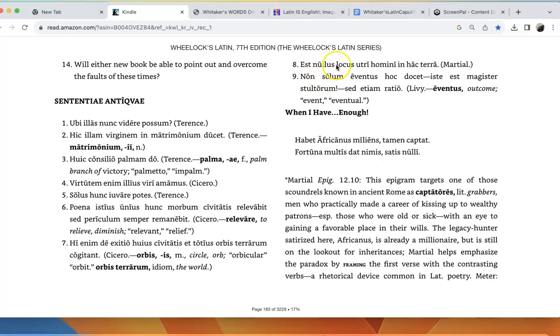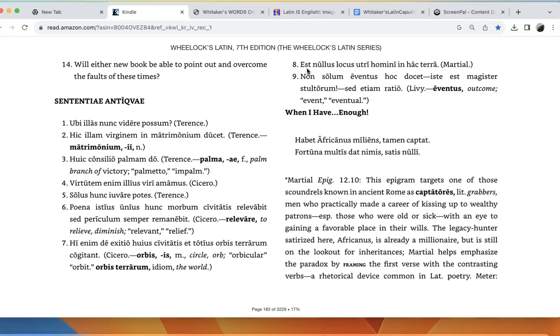Okay, next. Est nullus locus utri homini in haec terra. So this is Martial. He, with Juvenal, tends to be a master of satire. A little bit of description about him down here. So literally, est means is, but it can also mean there is.